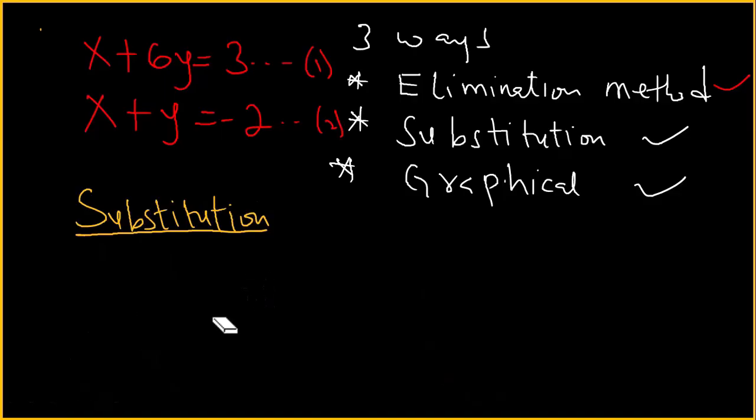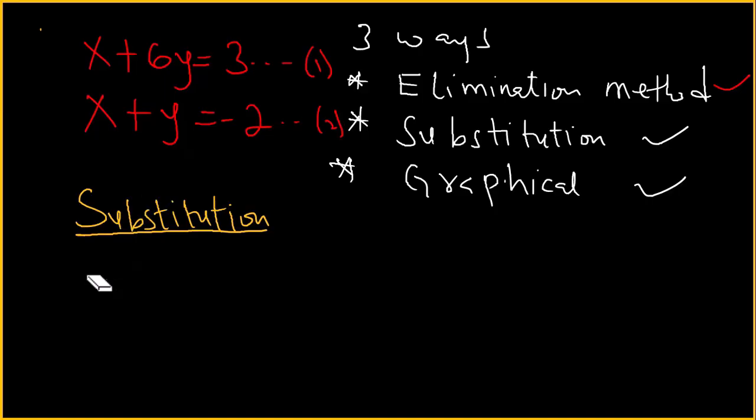Okay, so to substitute means to take out one of the variables. So here we are going to take out or make one of the variables the subject, and from these two equations x could be taken out, or y could be. So let's make x the subject of our first equation.